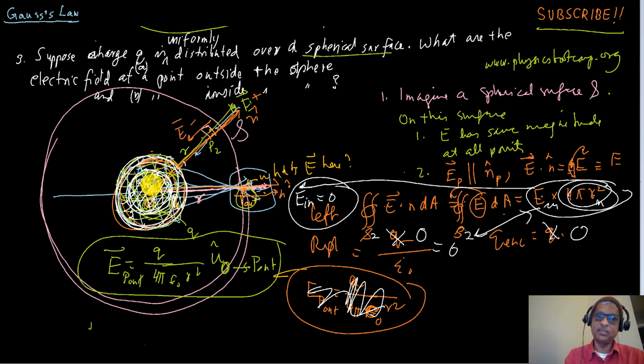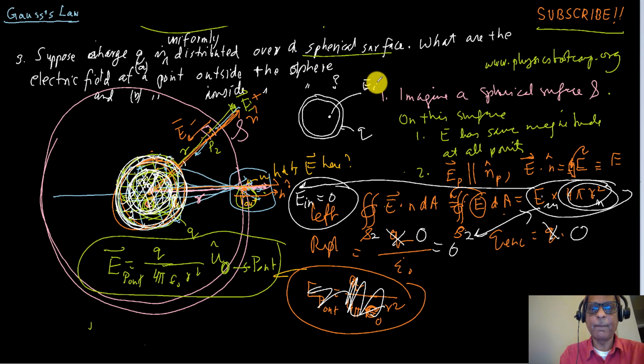So in a spherical shell, this is really a very important discovery in a way. It's very easy to get it using Gauss's law. That if I have a spherical shell, charges are here, then the electric field here is 0.